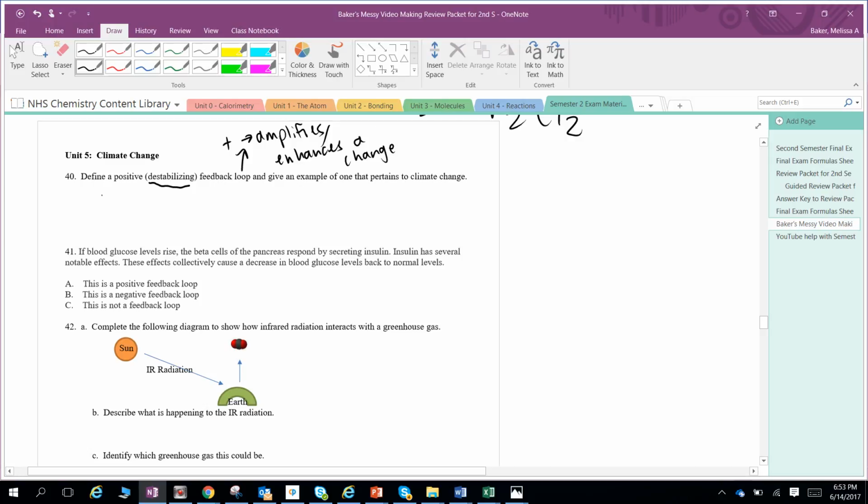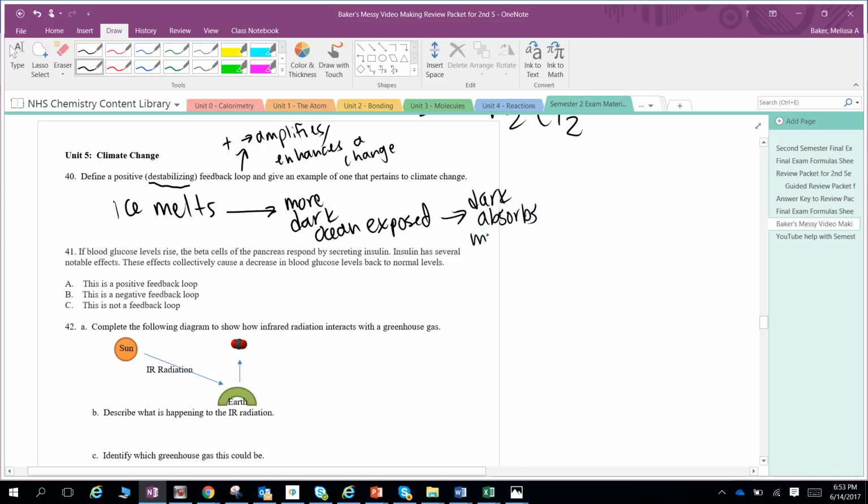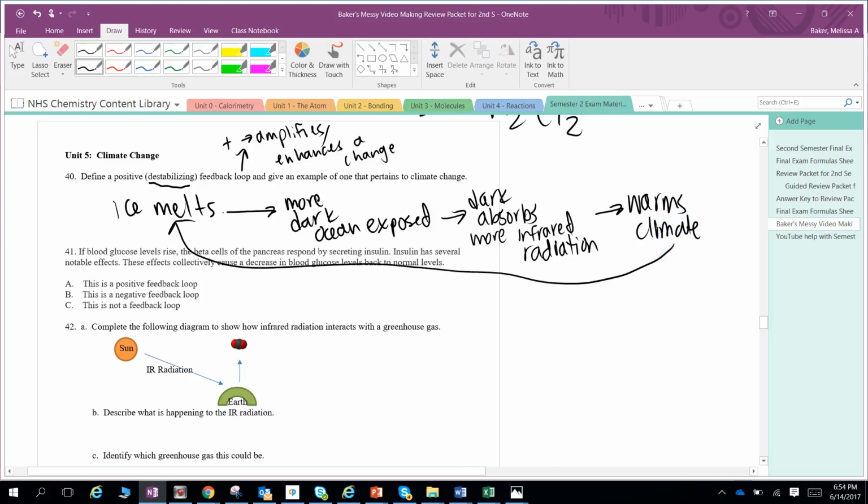So, for example, when ice starts to melt on Earth's surface, there's more dark ocean exposed, which means that dark absorbs more infrared radiation from the sun, which then warms the climate, which then melts the ice, in which more dark ocean is exposed, which absorbs more infrared radiation, which warms the climate, and so on and so on.